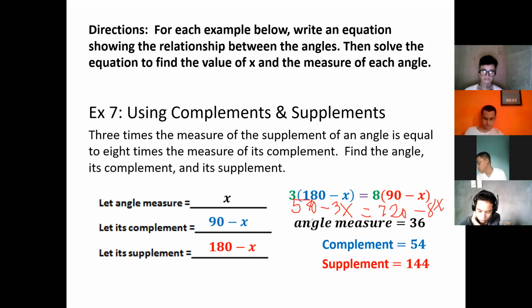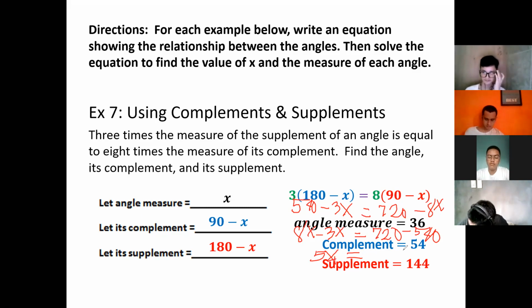Transpose 8x to the left so that it will become positive 8x, combine that to negative 3x, and then 540 transpose it to the right, so it will become negative 540. Combine 8x and 3x, that is 5x. Combine 720 minus 540, you'll get 180. Divide 180 by 5, you'll get 36 degrees.